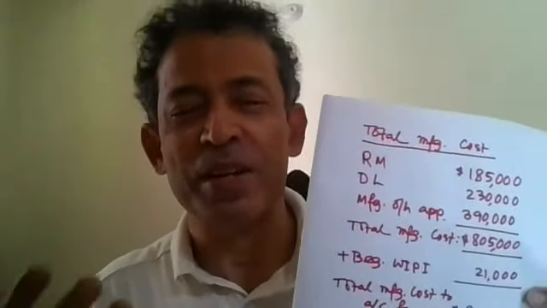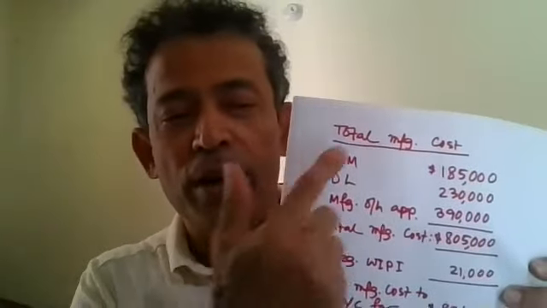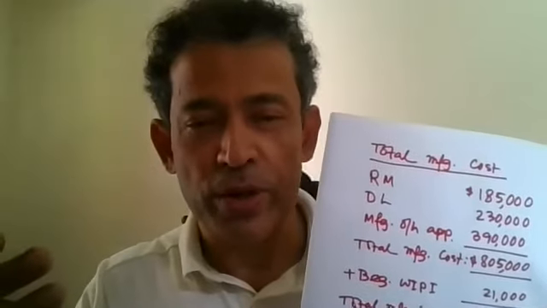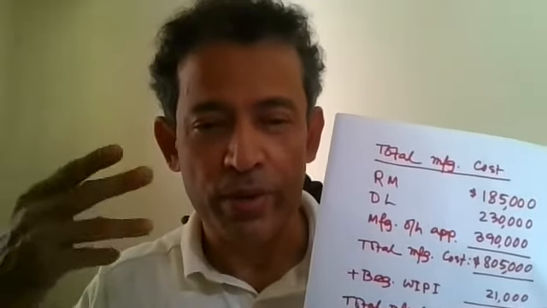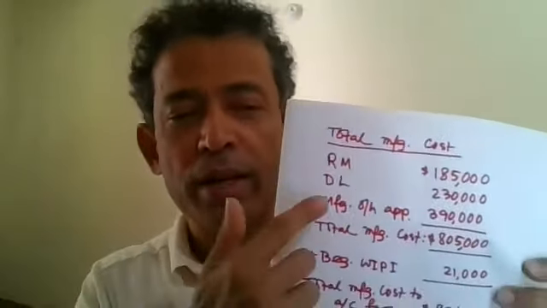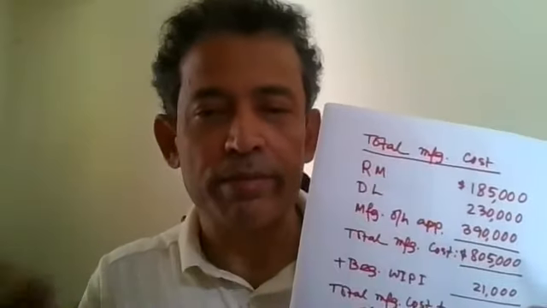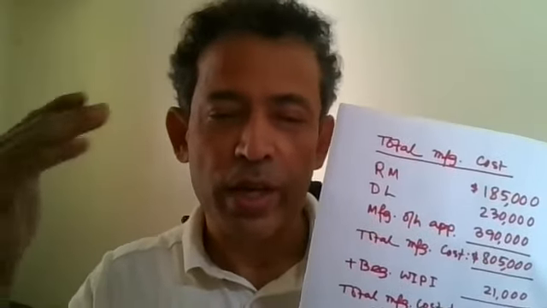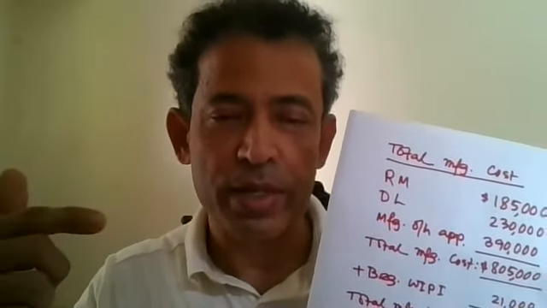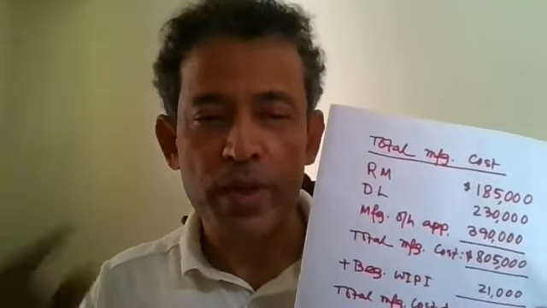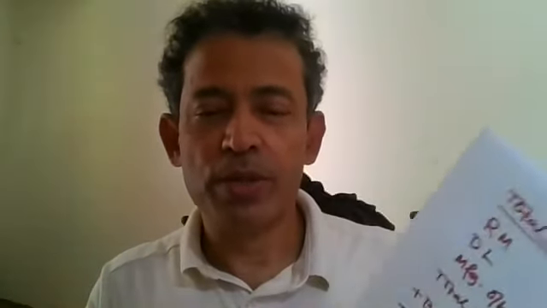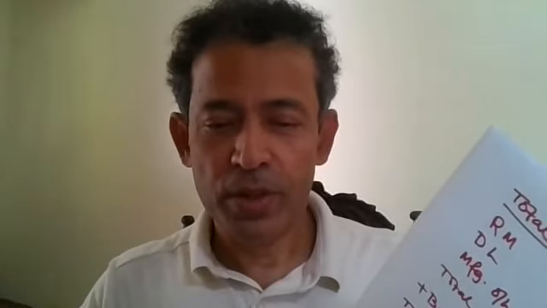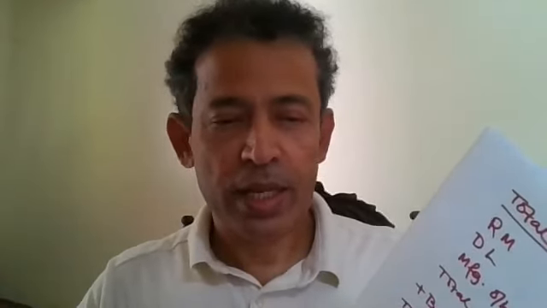It means we don't mind, because my beginning inventory was 30,000. Then I procured $200,000 worth of raw materials, so I have available 230. And then if I used 185, the unused portion must be there in my ending inventory. So available for use was 230 and used is 185. So the difference, $45,000, is raw materials ending inventory. All right. So that's what is there.